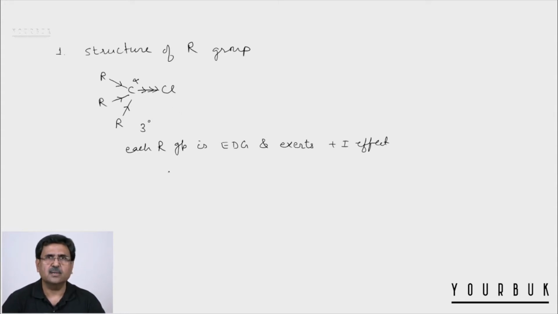As a result, the C-Cl bond is highly polar and dissociates on its own. So we don't require help from any external nucleophile. The chlorine can depart on its own, resulting in the formation of this carbocation.